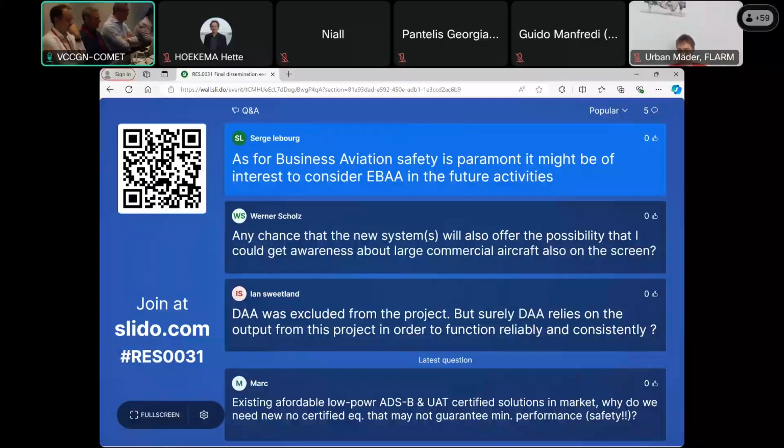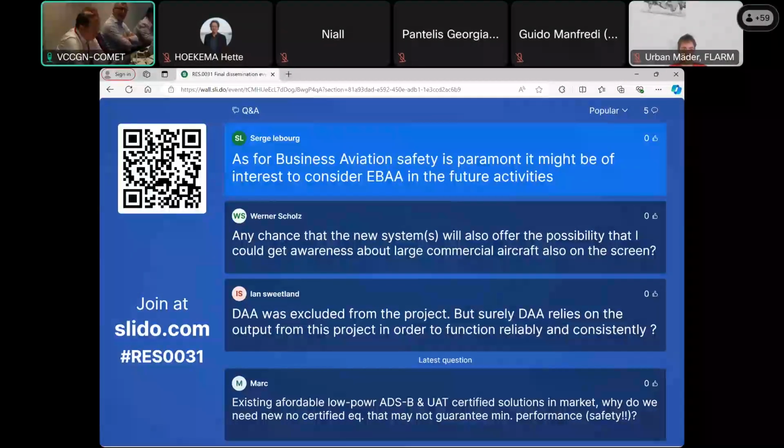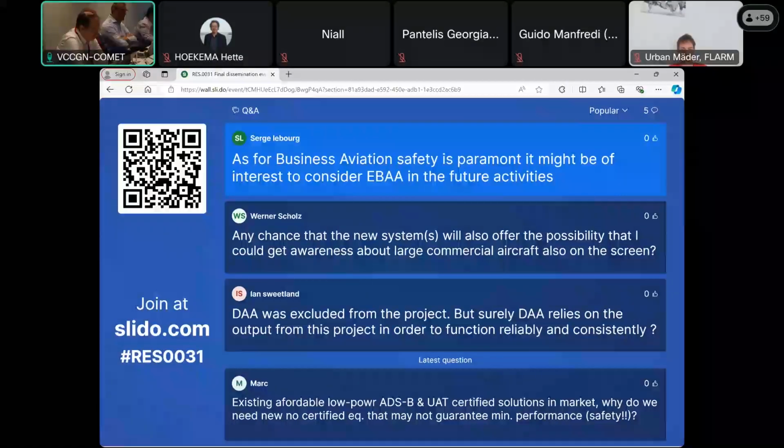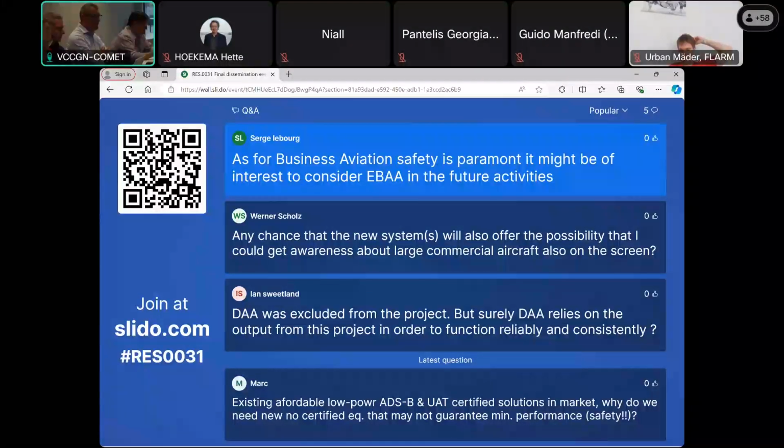Okay, we have a next question from Serge. As for business aviation, safety is paramount. It might be of interest to consider EBAA in the future activities. Absolutely, yes. What I would like to mention here is that EBAA was being considered to be involved in the initial development of compliance to U-space, but then it was considered that EBAA was fine with AOPA and Eurocontrol being in the process, and they considered that the participation of those stakeholders will cover also the needs of EBAA.